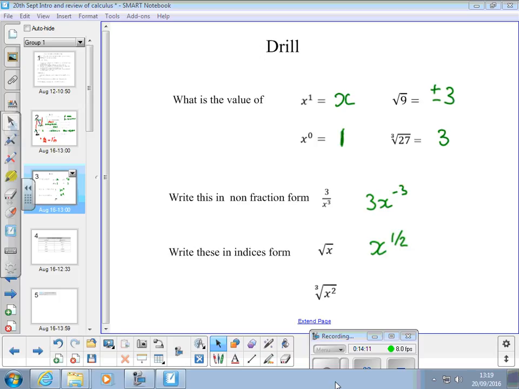And how do we write the cubed root of x squared in indices form? Remember the reason, well, you may not remember, but the reason for needing to do this is if we're going to integrate these functions, a function with these in, we need to put them in indices form to do that. Anyone, any ideas?